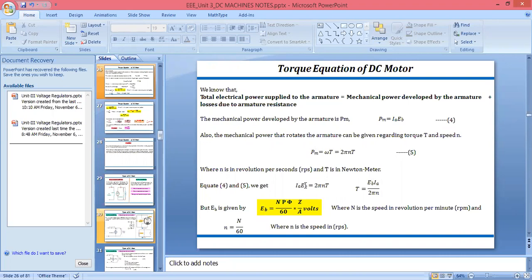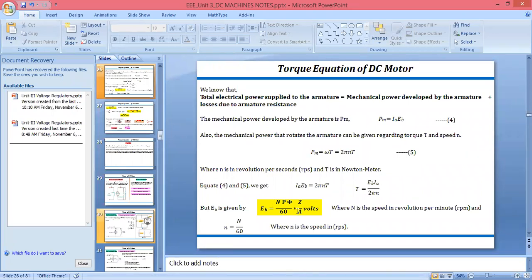We can convert these equations in the form of torque. Rearranging these equations, torque equals IA EB, as 2 pi n will go in the division. But we have the equation for back EMF, N P phi into Z upon 60A.